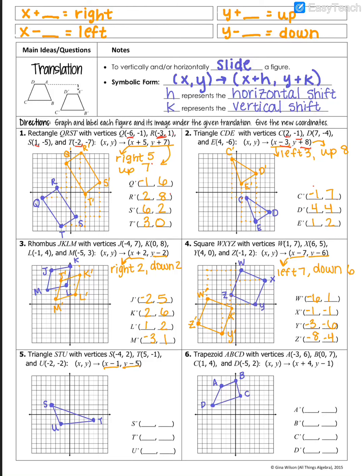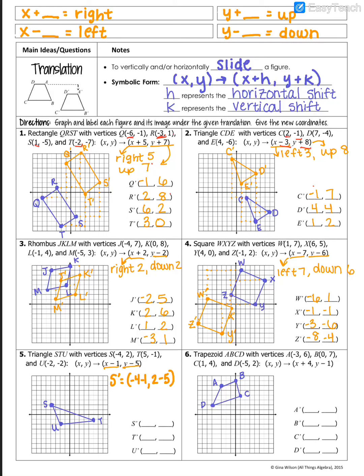Okay, so if I plug in my points to that, for S, S prime is going to be negative 4 minus 1, and then 2 minus 5.